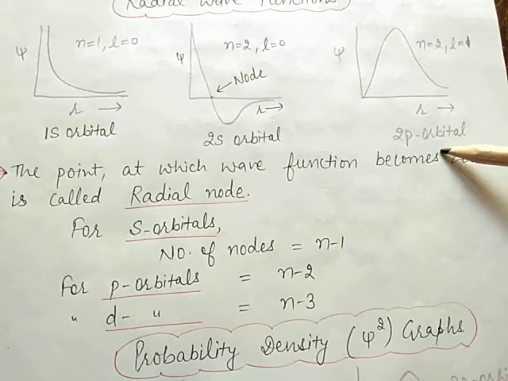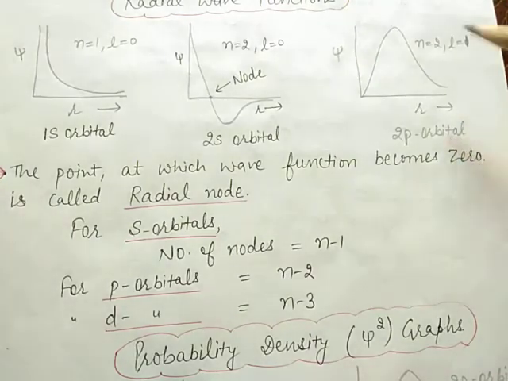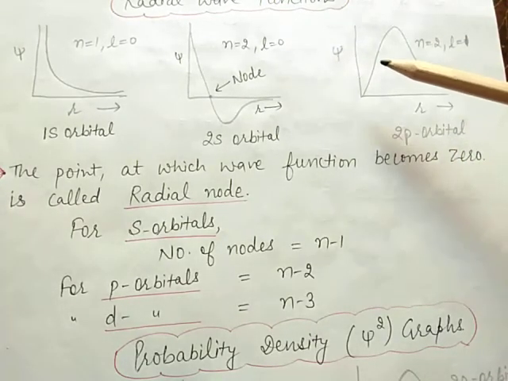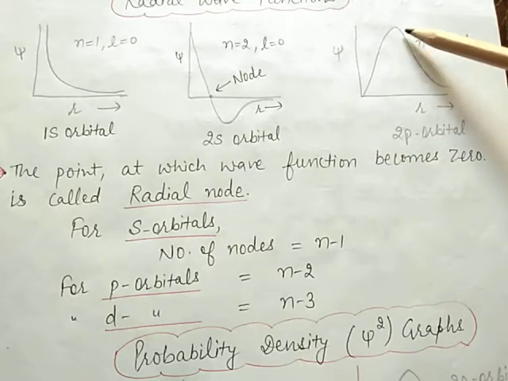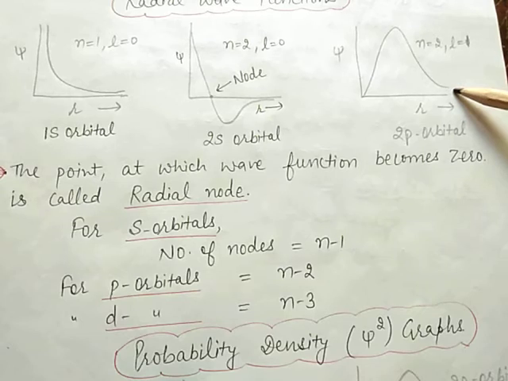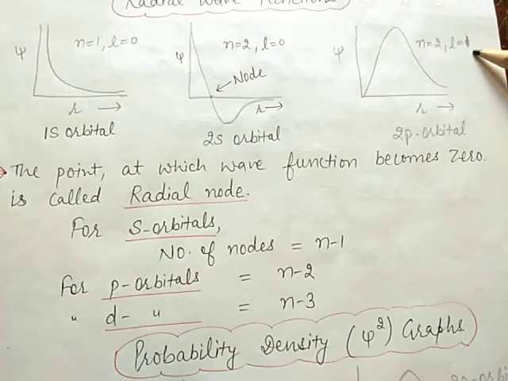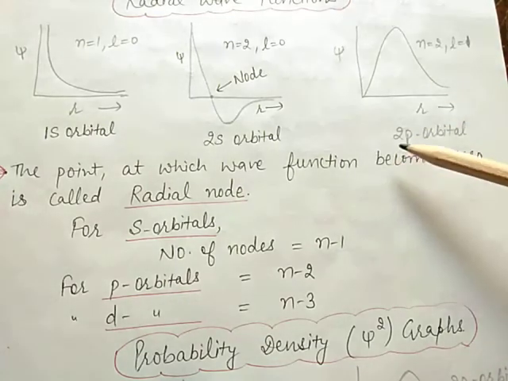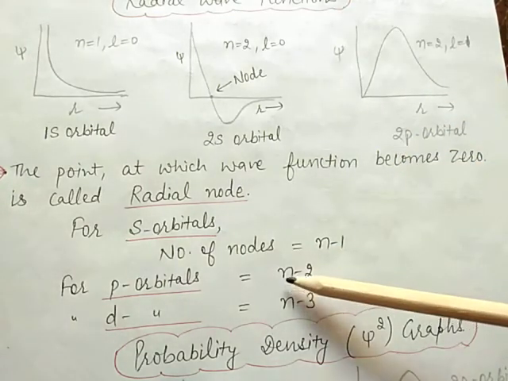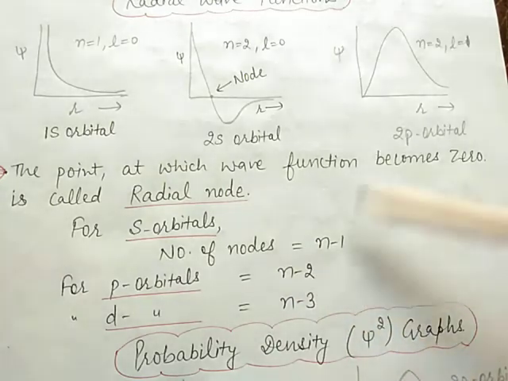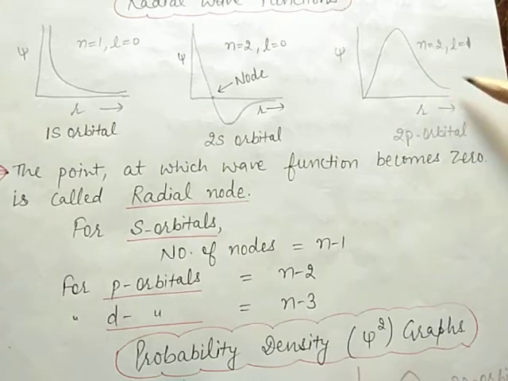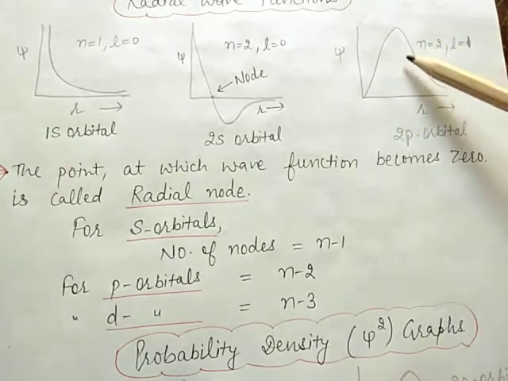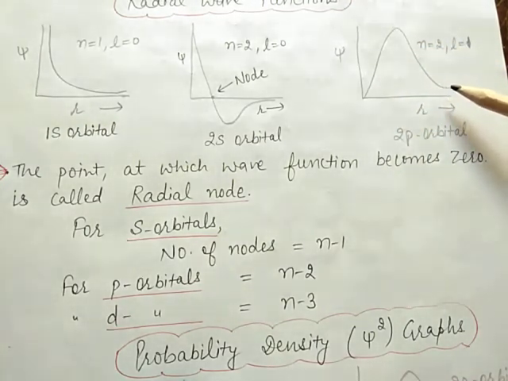In case of 2p orbital, it first increases to maximum, then decreases, because n is equal to 2, l is equal to 1. Putting this value for p orbitals, 2 minus 2, that is 0, means no node is present. It is simply first increases and then decreases.